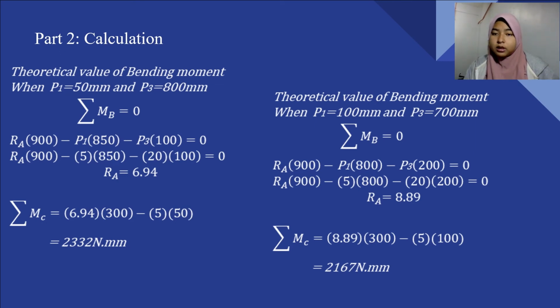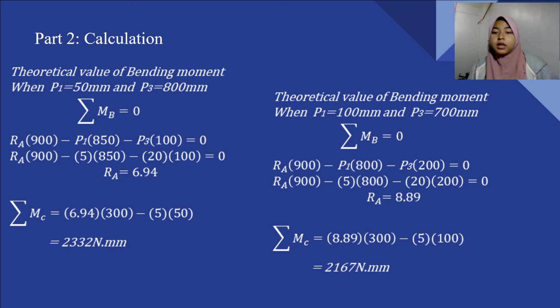Same goes with the second data, when P1 is at 100 millimeter and P3 at 700 millimeter, we will be using the total moment equal to 0. So the original value RA will be multiplied by 900, which is the original length, minus P1 and its distance, which is 900 minus 100, we get 800, minus P3, which is 900 minus 700, we get 200.